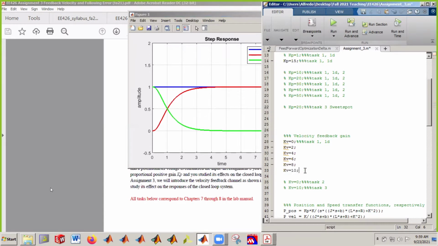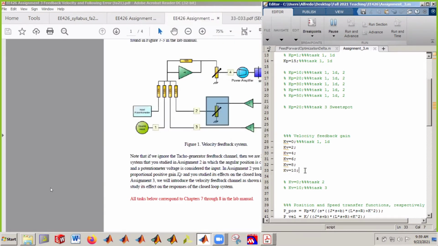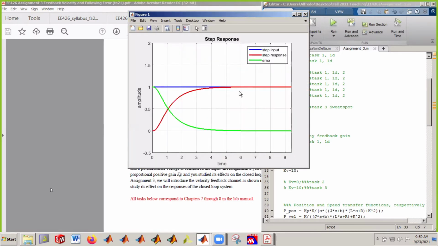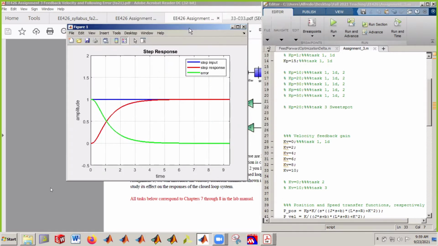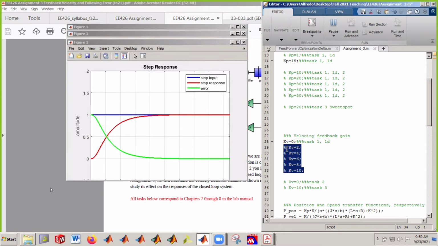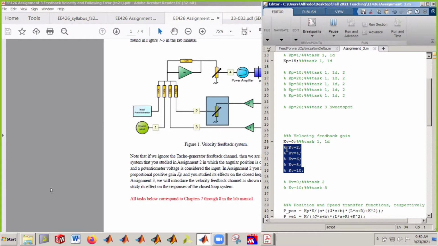And finally, KV equals 10. It's pretty obvious what is happening, right? This is KV equals 10. So now let me comment these things out again and go back to KV equals 0, which means no velocity feedback.